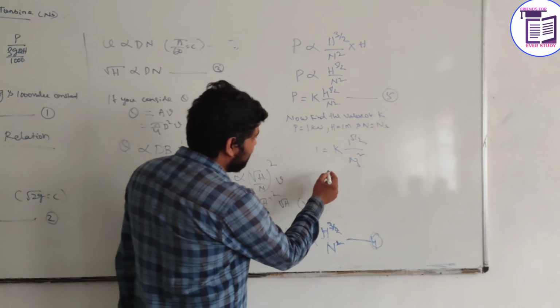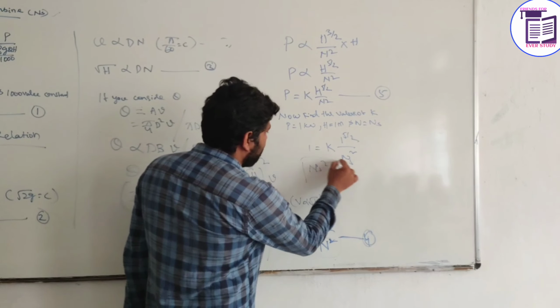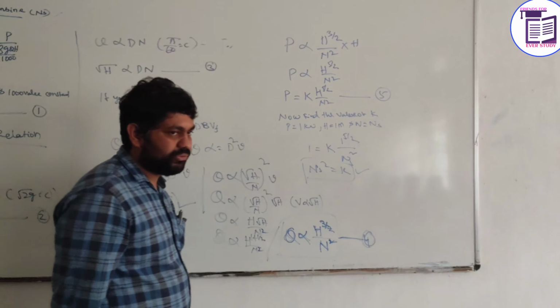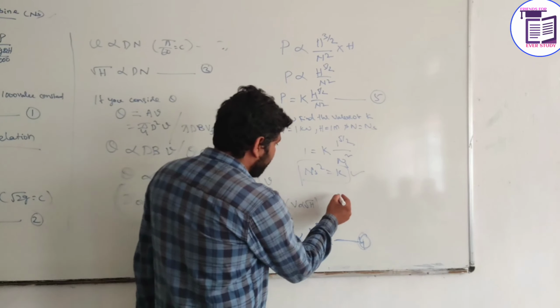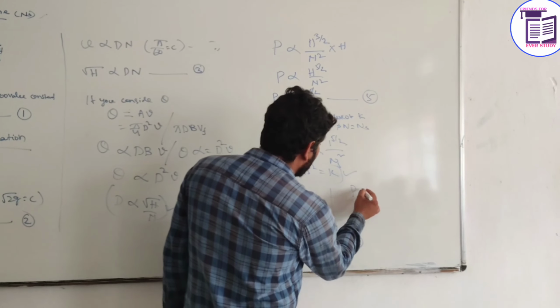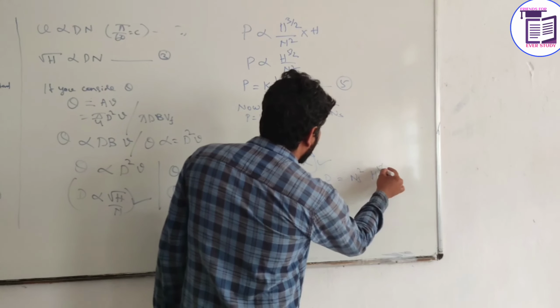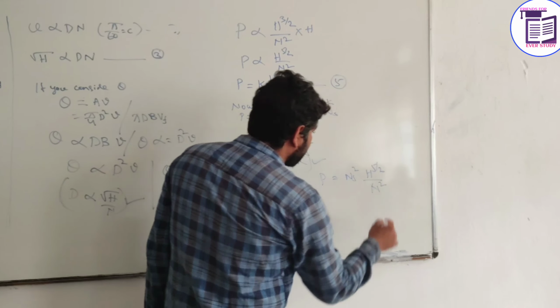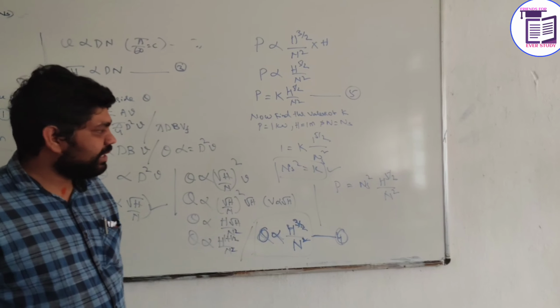So you can represent ns square is equal to k. From this we find the value of k. Now putting the value of k in equation number 5, P is equal to ns square h to the power 5 by 2 by n square.